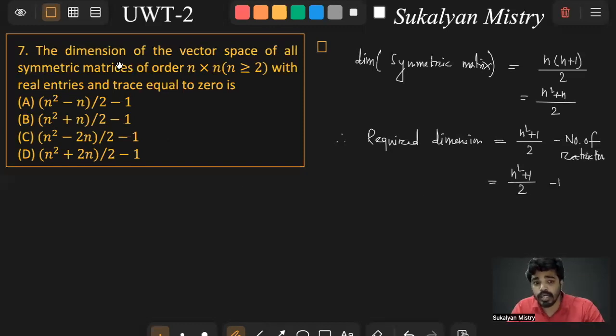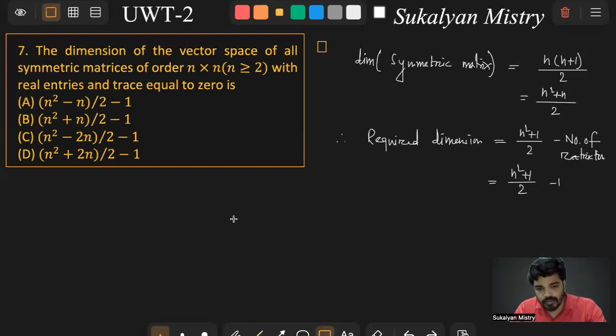যদি প্রবলেমটা সিমেট্রিক না হয়, স্কিউ সিমেট্রিক হতো, তাহলে এখানে কি হতো, জাস্ট n into n minus 1 divided by 2. That is dimension of skew symmetric matrix is n into n minus 1 divided by 2. That is n square minus n divided by 2. So that will be minus sign. So n square minus n divided by 2 minus 1. Okay, so note down this result also.